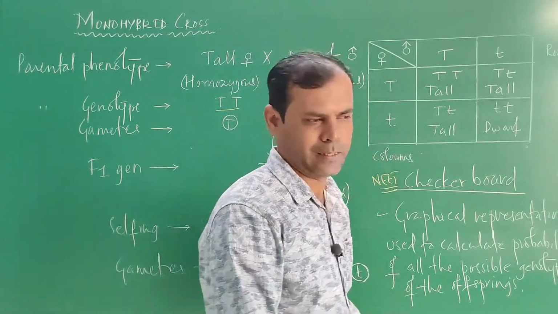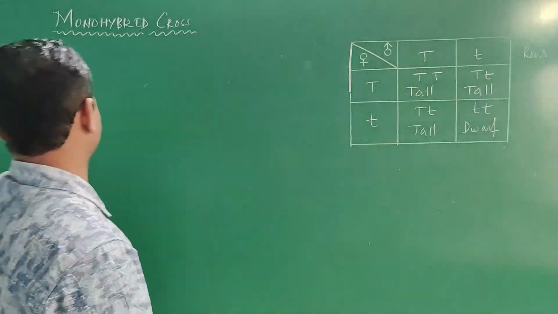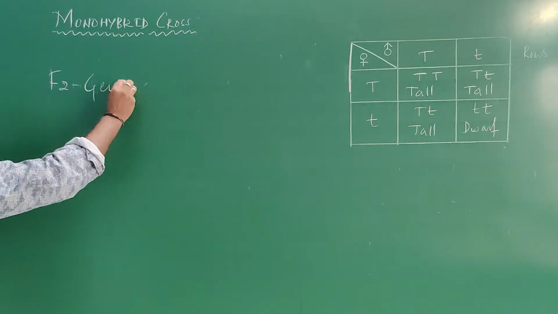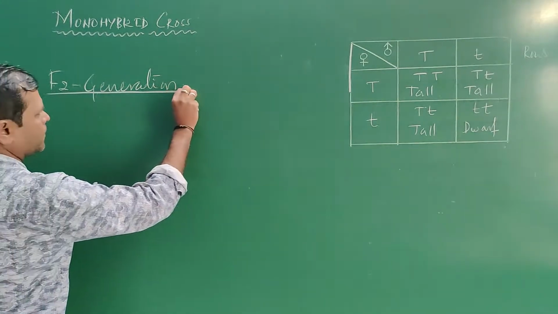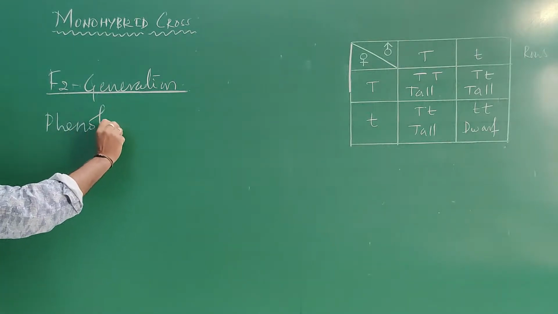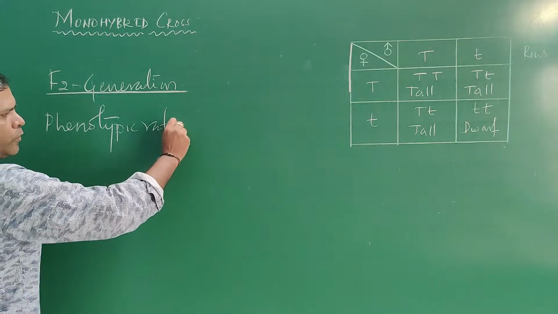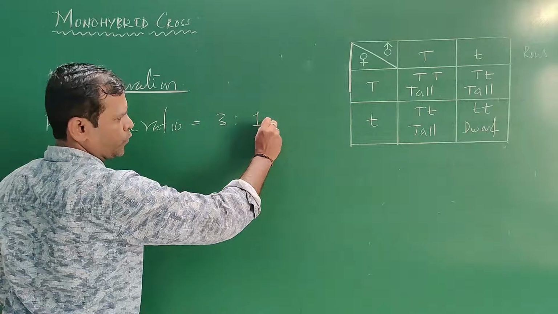Let's analyze the result. When he analyzed the results of F2 generation, he found phenotypic ratio, that is 3:1.